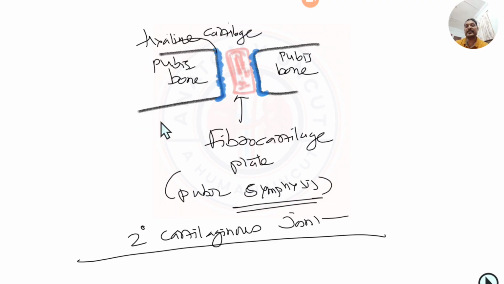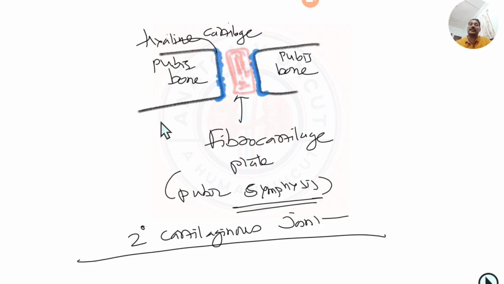If this plate is a fibrocartilage, you must know there are three types of cartilage: hyaline cartilage, fibrocartilage, and elastic cartilage. Now which kind of cartilage fills this gap? Generally an elastic cartilage plate is not present between two bones.